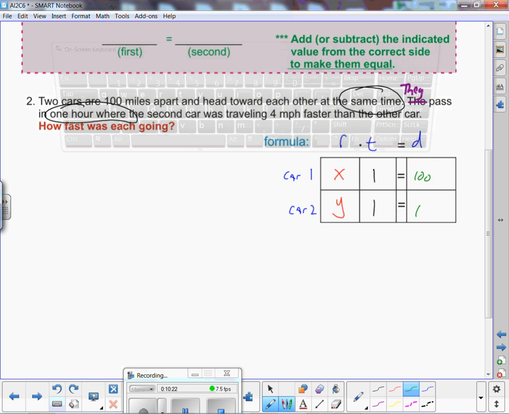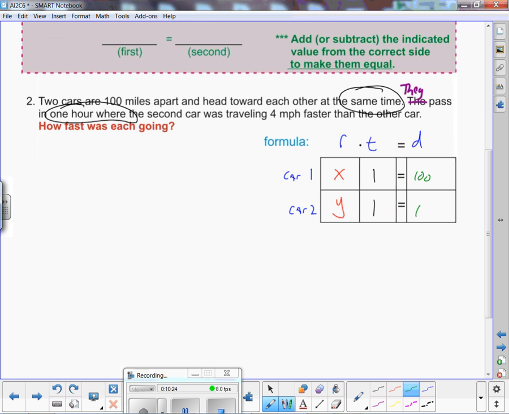Maybe the first car travels 40 miles and the second would have traveled 60. Maybe the first travels 55 and the second 45. Maybe the first travels 20 miles and the other travels 80. So we don't know the distance of the cars. But we can fill in the distance by doing the rate times the time.